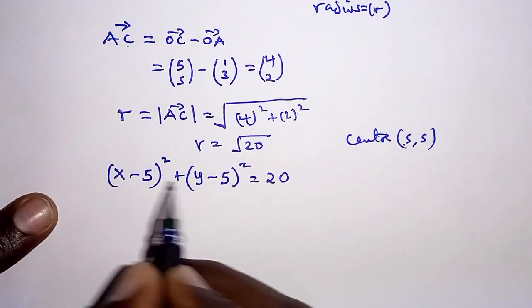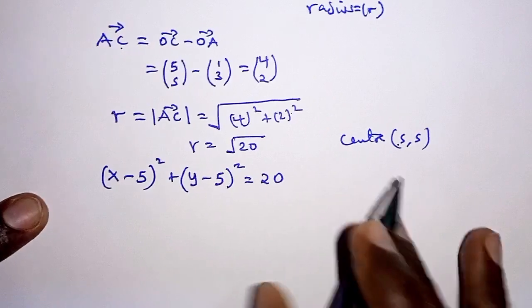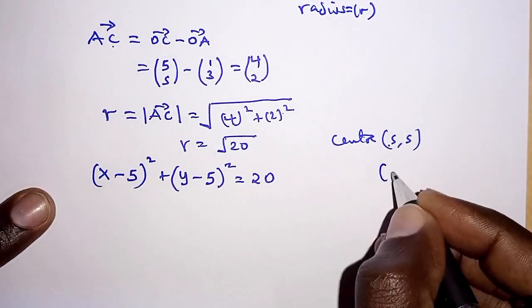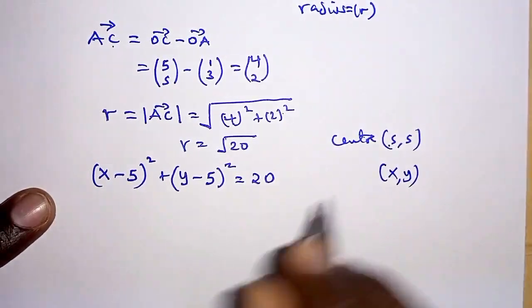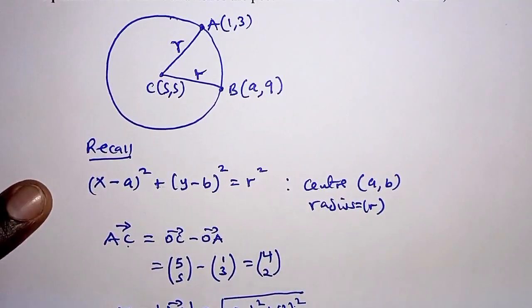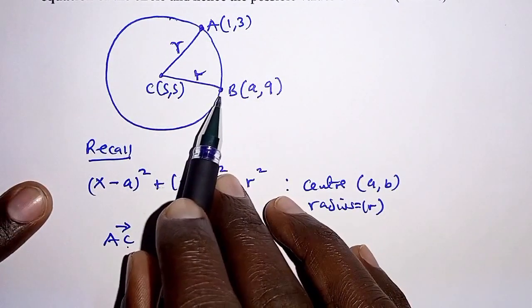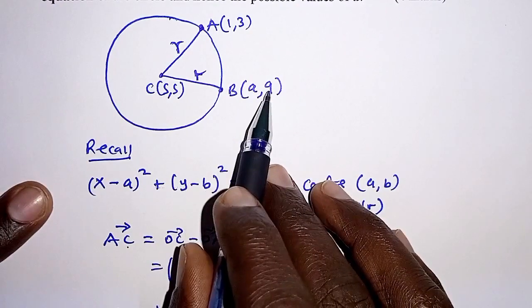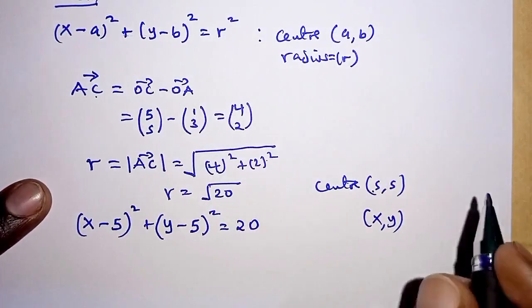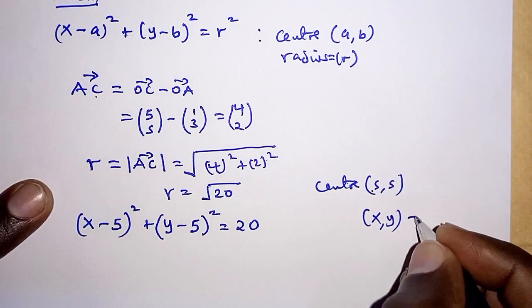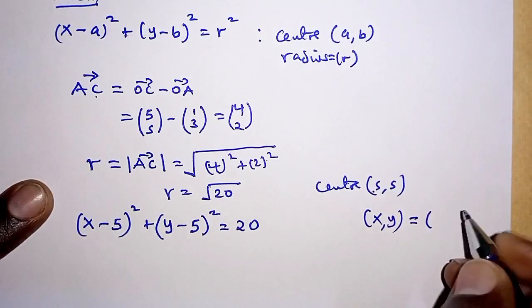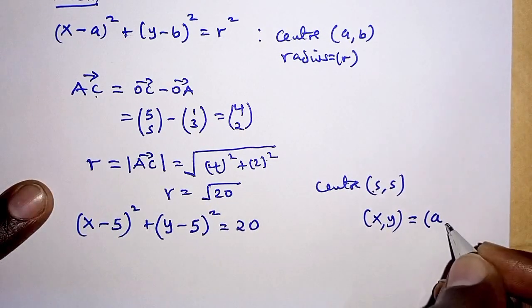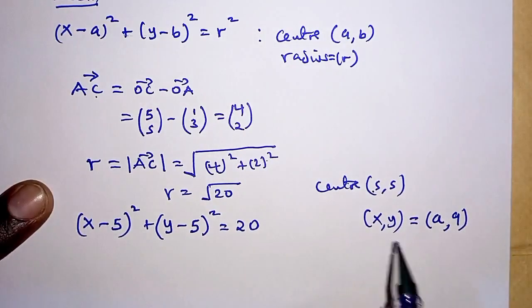Now, x and y are the coordinates of any point on the circumference. If you consider point B, we have (a, 9), so x is a, y is 9.